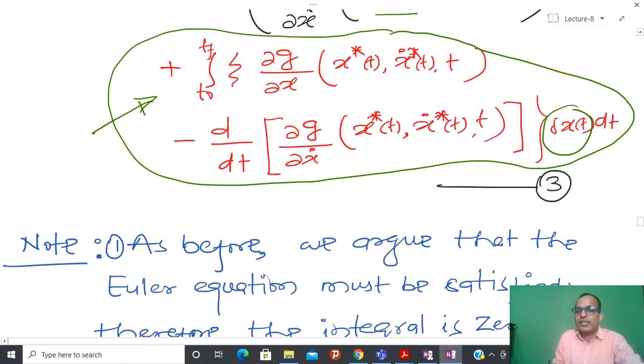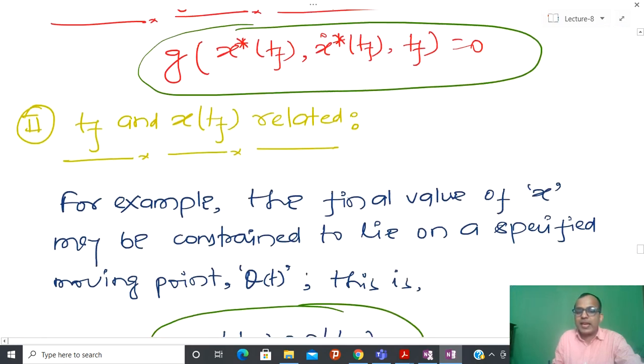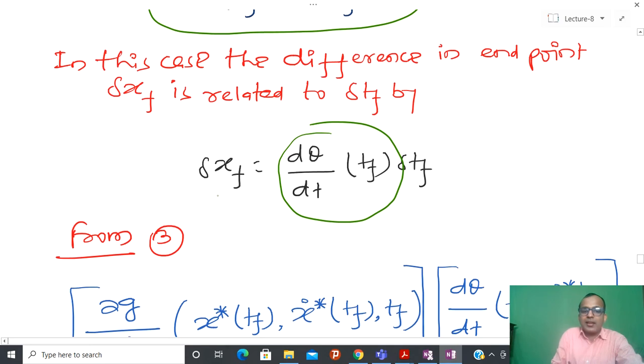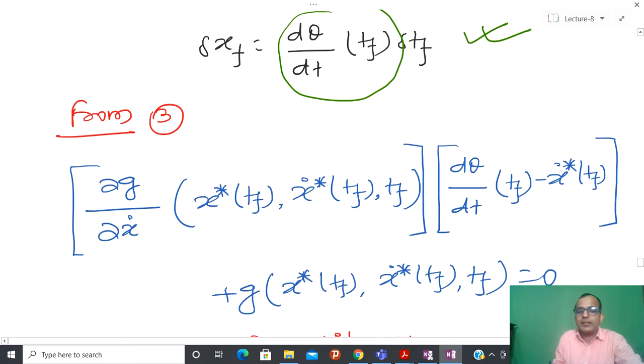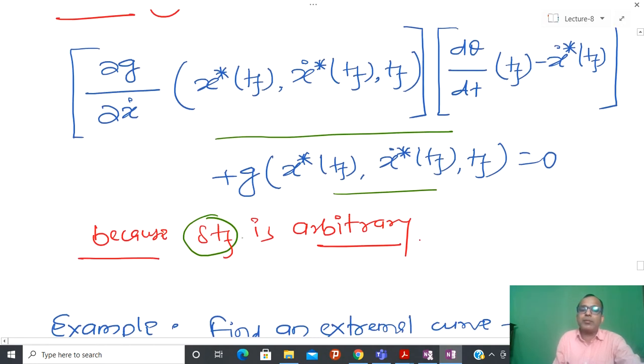We substitute this variational relation, and after that this kind of partial differential equation again comes into the picture. Why is this partial differential equation again equal to 0? Because we are assuming that delta tf, even though it is correlated with x(tf), is arbitrary, and due to that reason the coefficient multiplied with delta tf is 0.